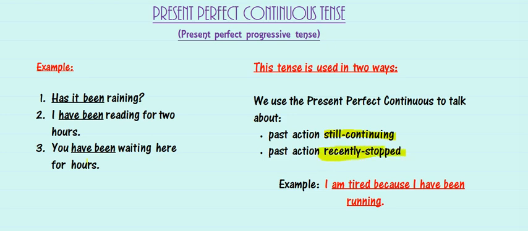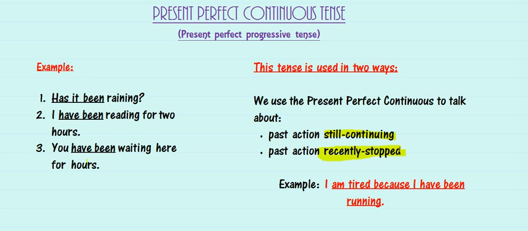Any activity or action which was happening in the past and has just stopped right now is used under the perfect continuous tense, or wherein an action which has started in the past and is still continuing in the present time, that kind of situation is also of present perfect continuous tense.